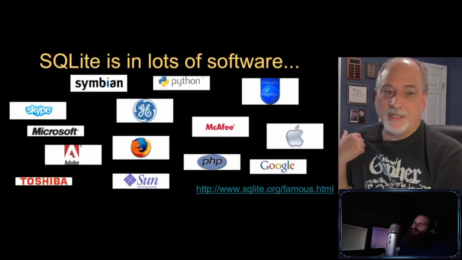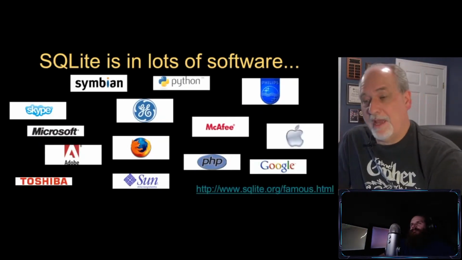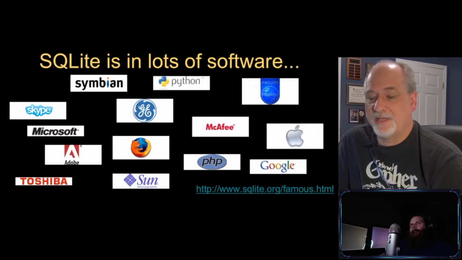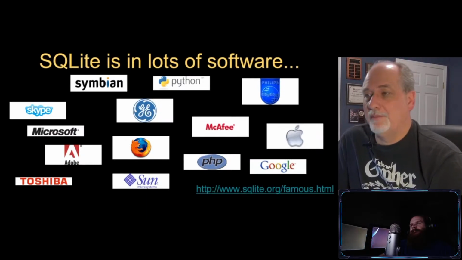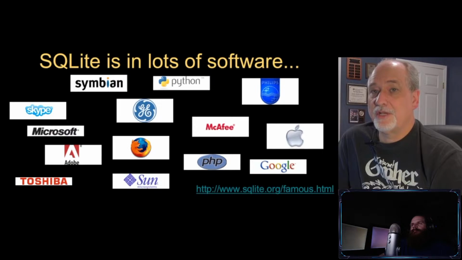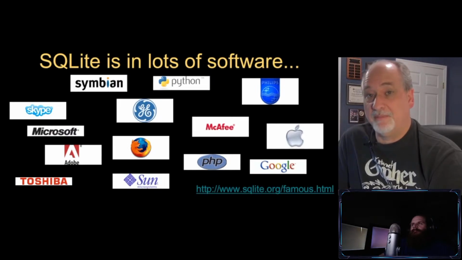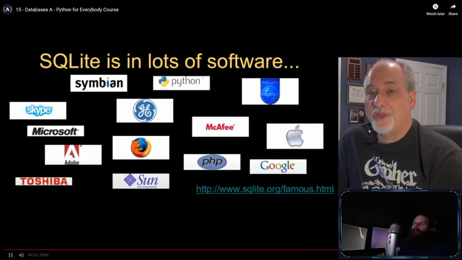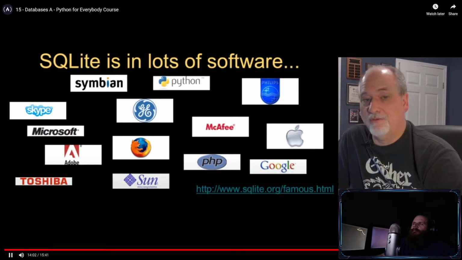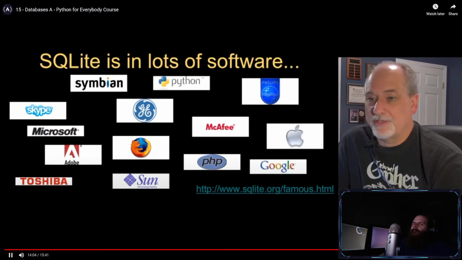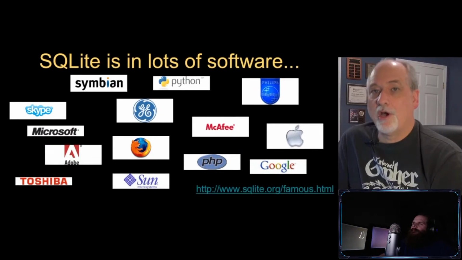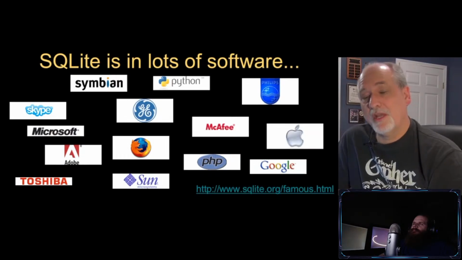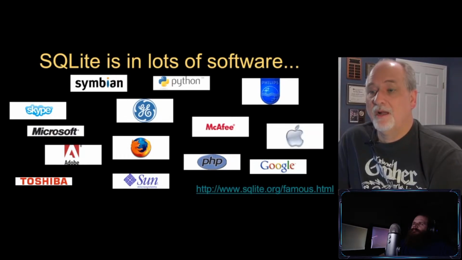SQLite is very popular. You probably have it in your cell phone 10, 12 times. Your web browser has a database engine in it. Your car has a few databases in it. SQLite is what's called an embedded database system.